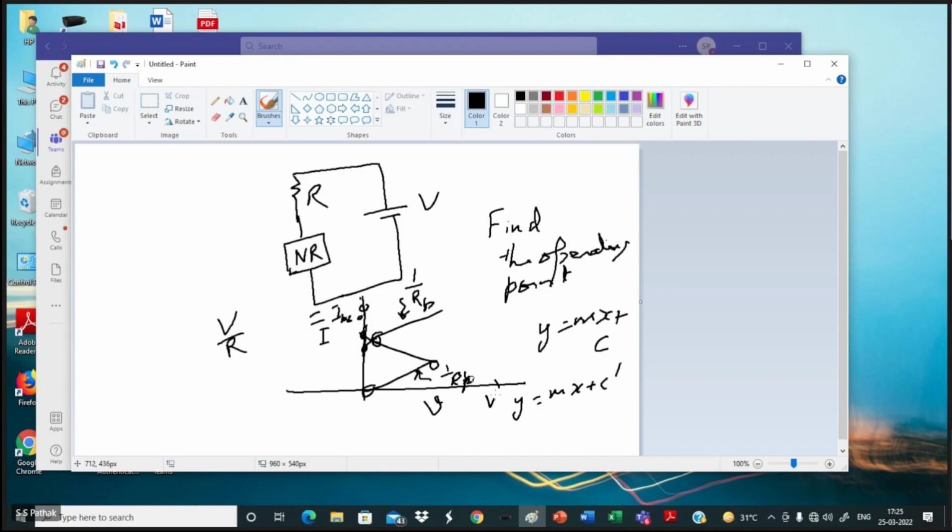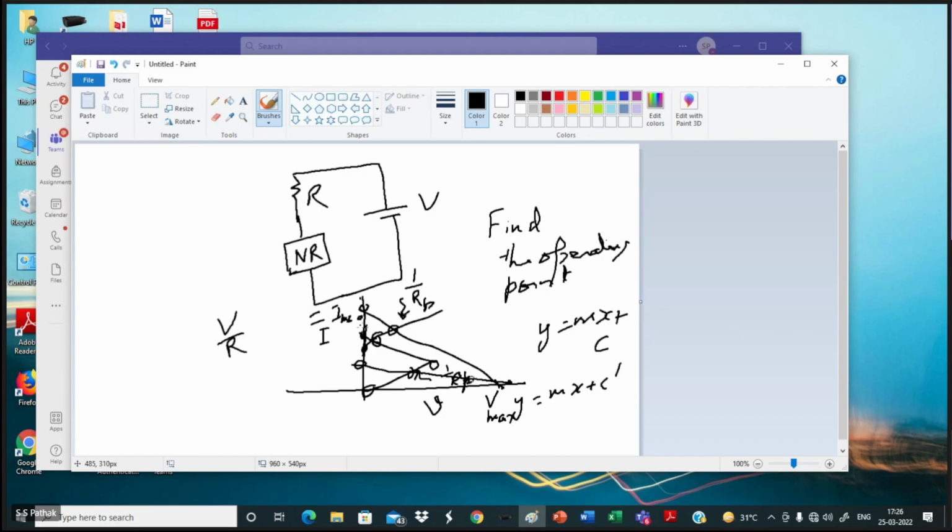V max is coming somewhere here. I draw a straight line and find which curve it is cutting. For the same V, if R is changed, it will be cutting somewhere here. Got the point? So how do I get this position and this position?